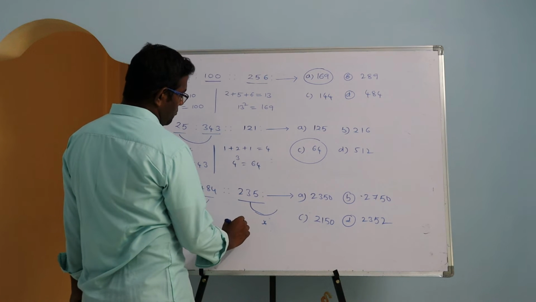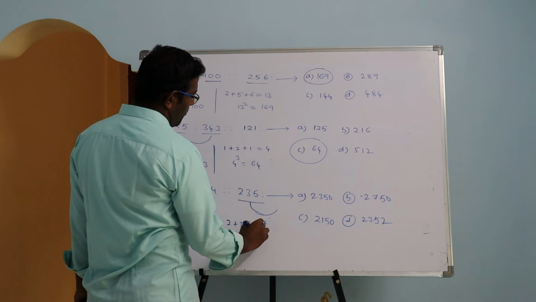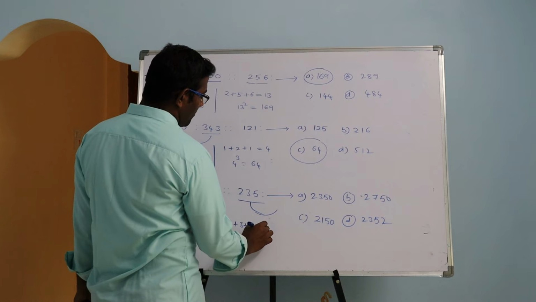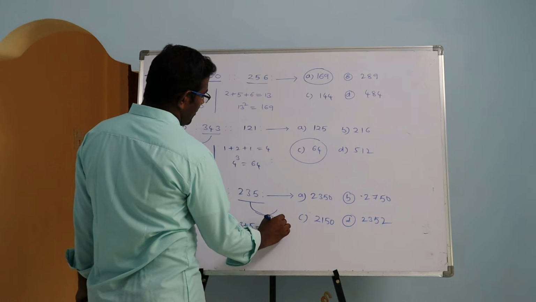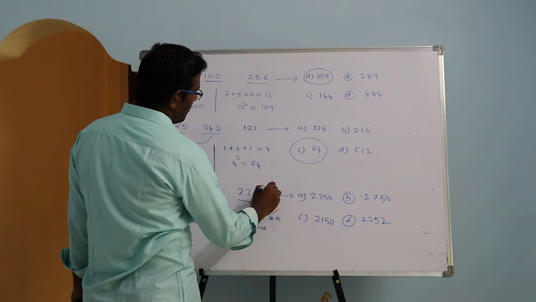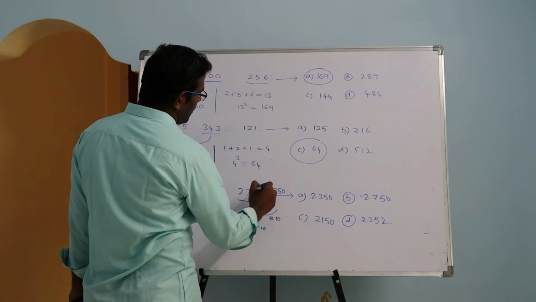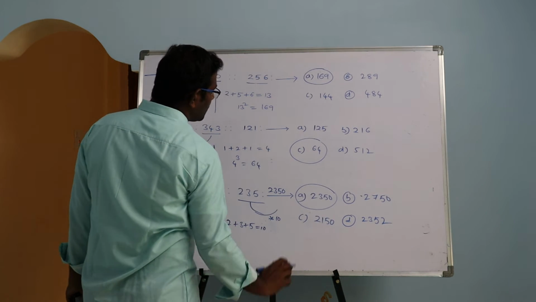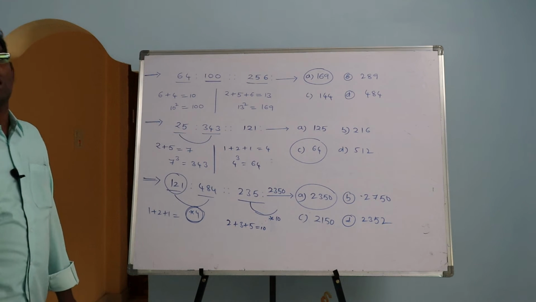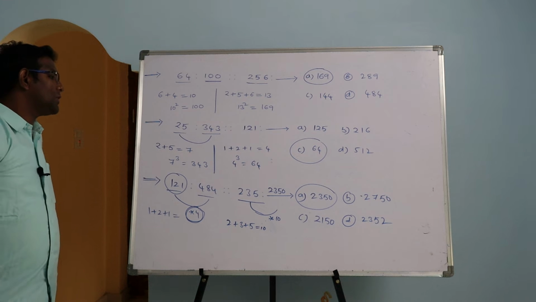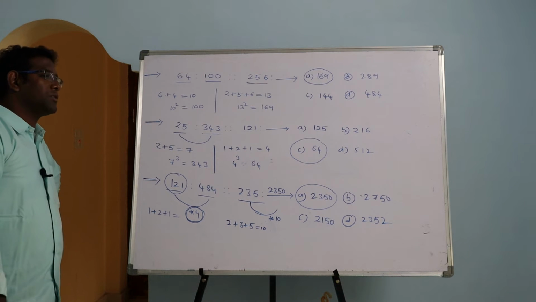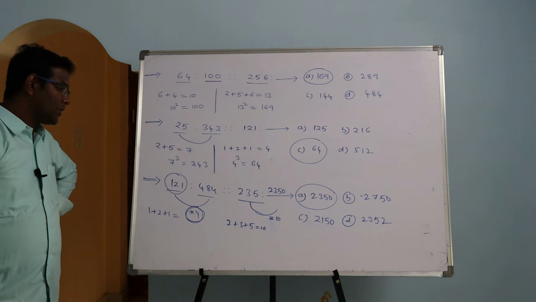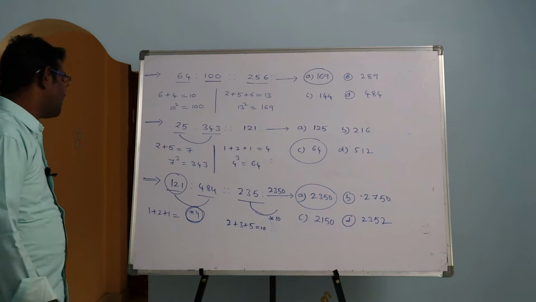In the same way 2 plus 3 plus 5, how much? It is 10. You can multiply with 10. 235 into 10, your answer goes to 2350. 2350 belongs to option A. Right, clear?